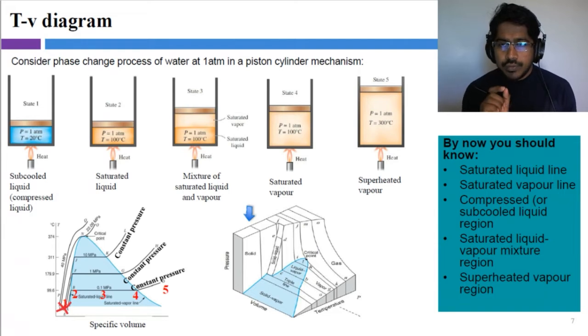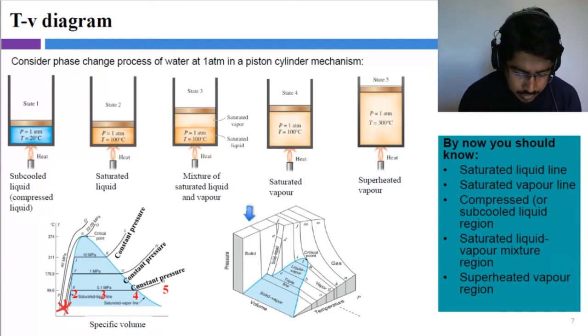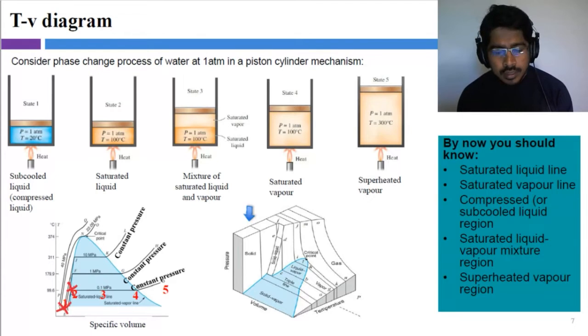In a saturated liquid, if you receive a little more energy, or if you expand it a little bit, then it will generate vapor, right? It's almost on the verge of generating vapor or not, like on the line. So state 2 is going to be on the saturated liquid line.